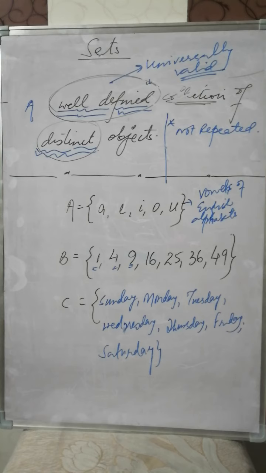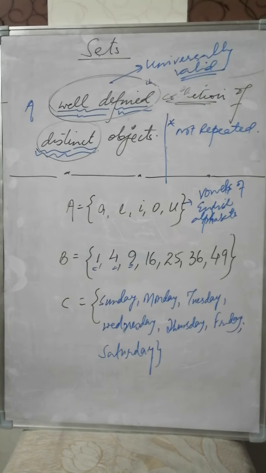A set is always denoted by a capital letter, like I have denoted it with A, B, and C in the given cases. And all the things that are written inside the curly brackets are said to be the elements of the set or the members of the set.